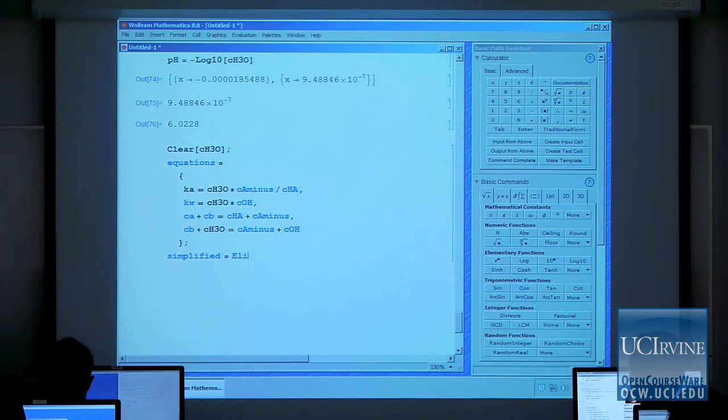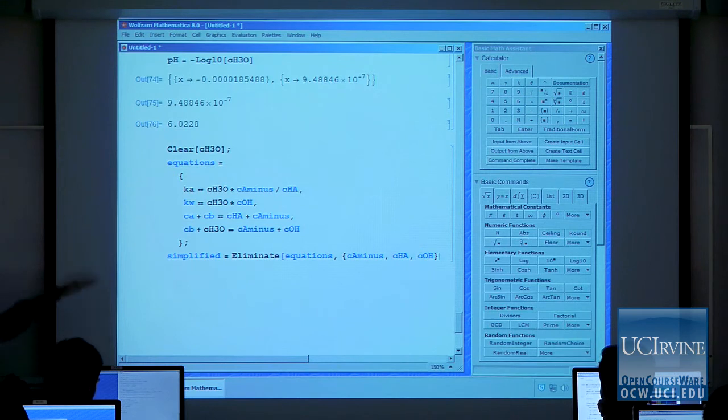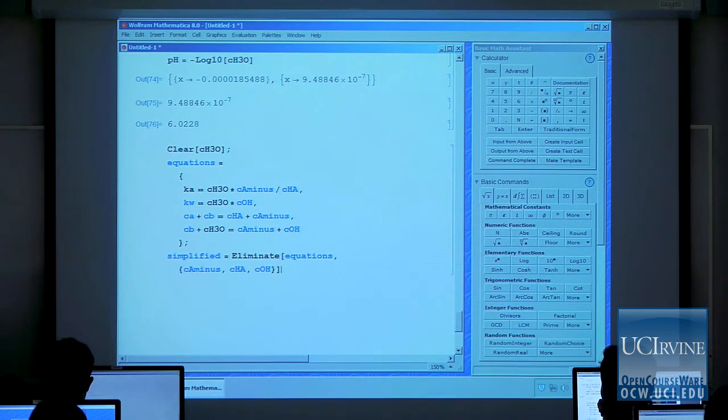So I say Eliminate, bracket, equations, and then I put in a list of all the things I want taken out. I don't want CA minus. I don't want CHA. And I don't want COH. Those are the variables I'm getting rid of. I have 4 equations. I get rid of 3 unknowns. I'm going to have 1 equation in 1 unknown.